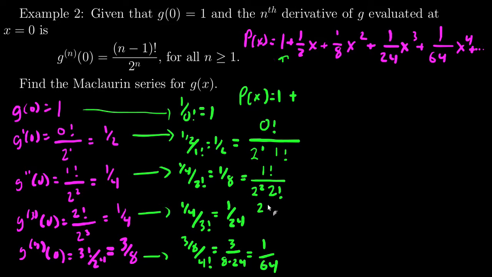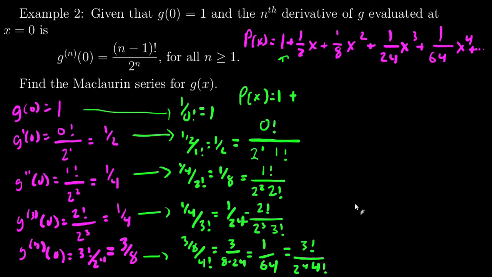This had a 2 factorial in the numerator. It had a 2 cubed in the denominator and a 3 factorial in the denominator. This had a 3 factorial in the numerator. It had a 2 to the fourth and a 4 factorial in the denominator.